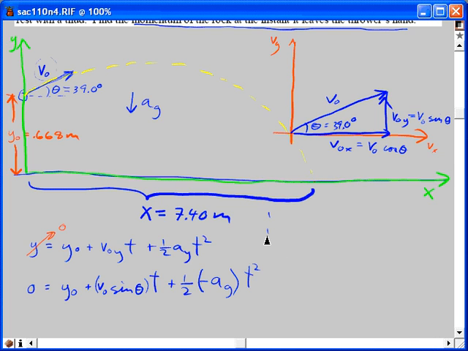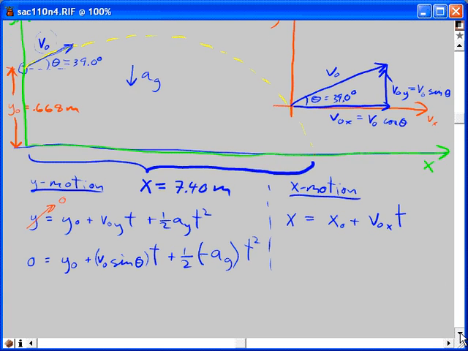Let's work on the x motion. So this was y motion. I should title it. X motion. We have no acceleration in the x direction, so the x position is just going to be the initial position plus the velocity in the x direction times the time.